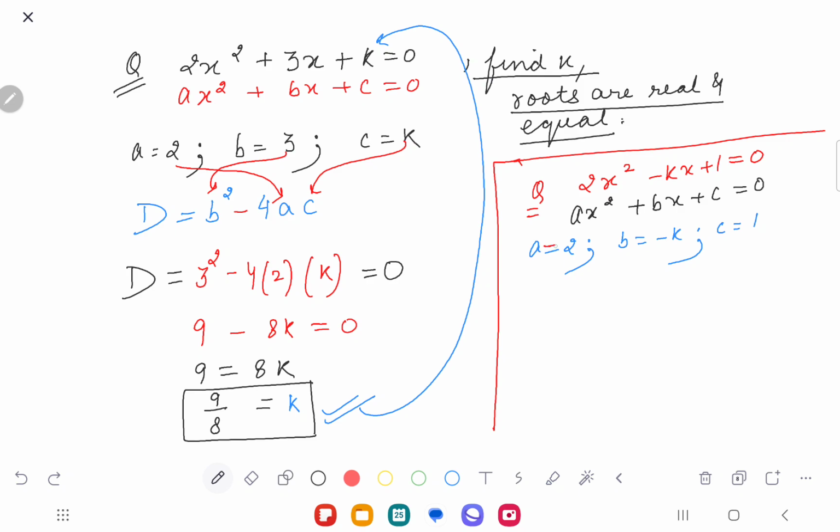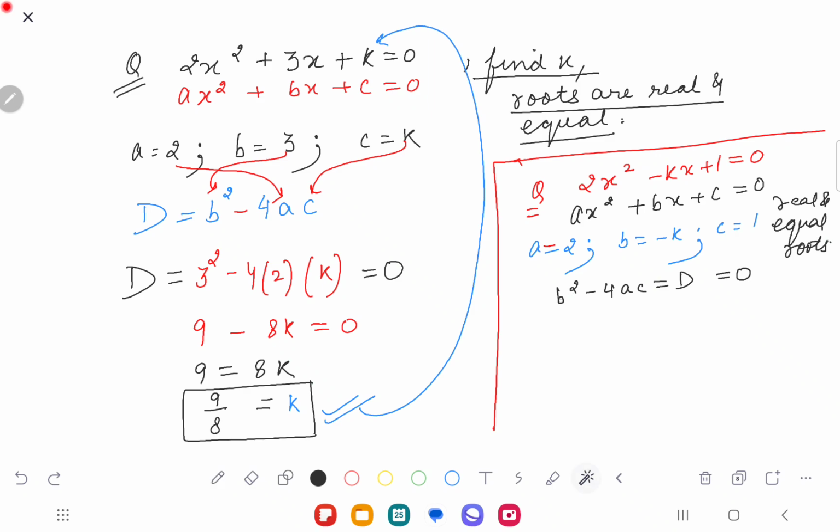So again, we are going to do b square minus 4ac, that's my discriminant, and that should be 0 for real and equal roots.